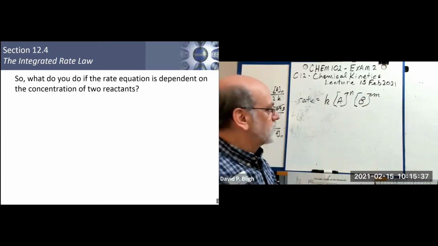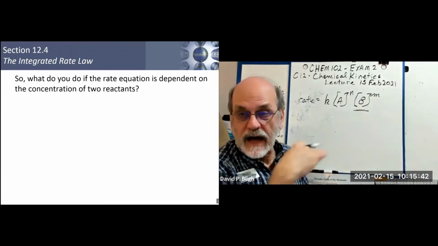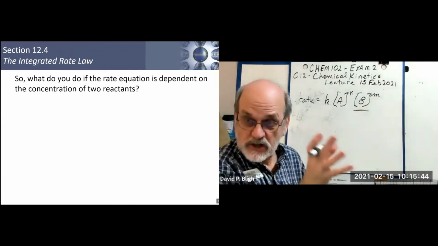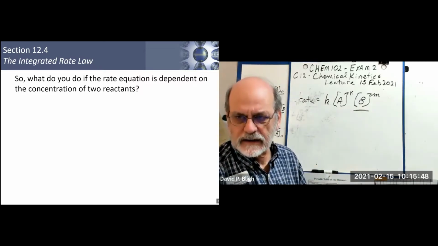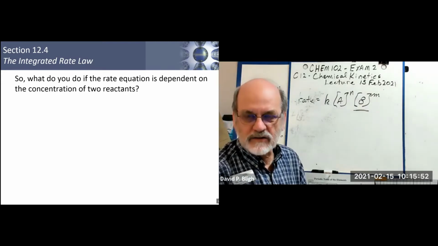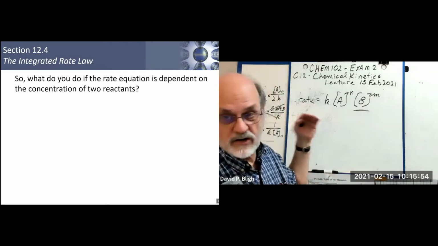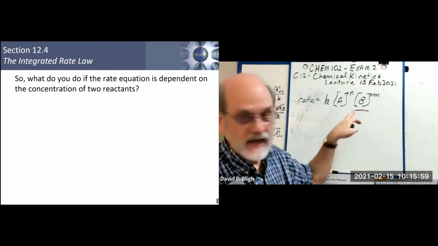So what do you do? You increase the concentration of that one high enough so that initially it doesn't change, not significantly. Right? There's plenty of it there, and depleting just a little bit of it to get the initial rates on this one will not change that one.